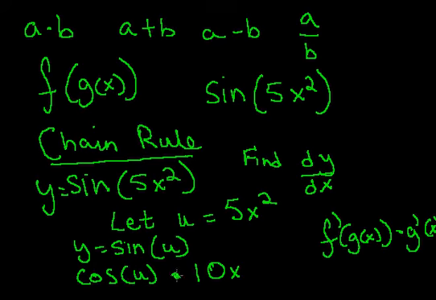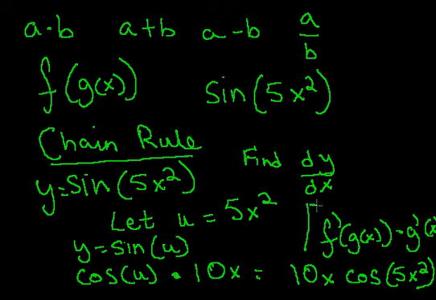So we get the cosine of u times 10x. That's our answer, but we need to put u back in terms of x. So this equals, moving 10x up front, 10x times the cosine of 5x squared.